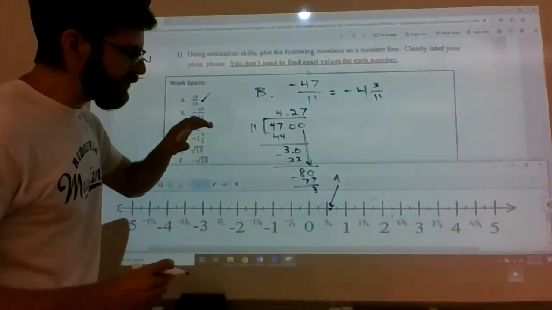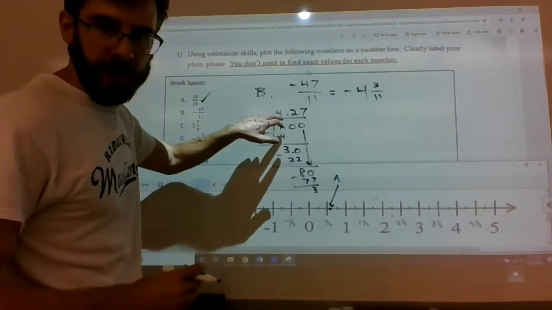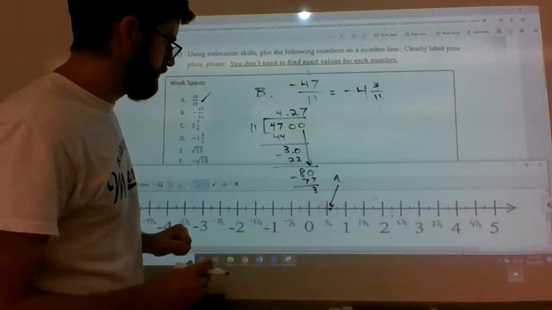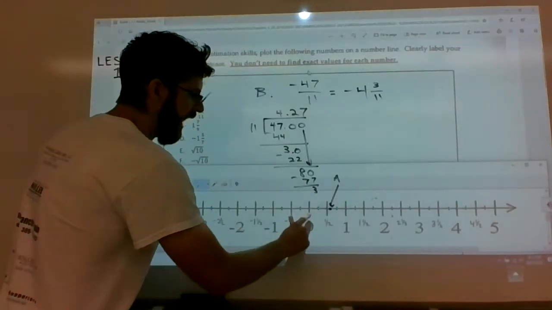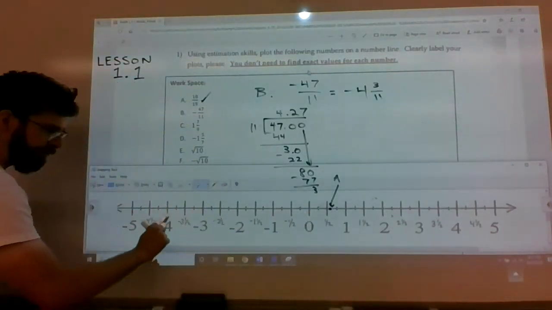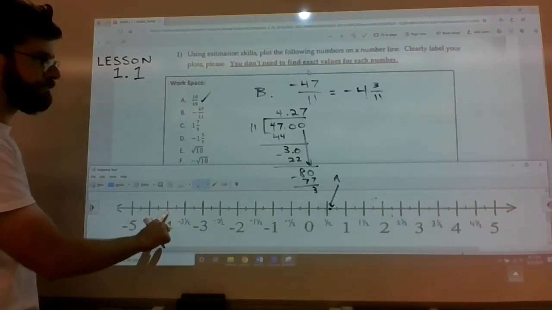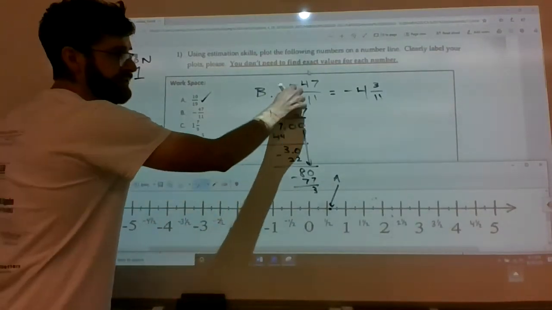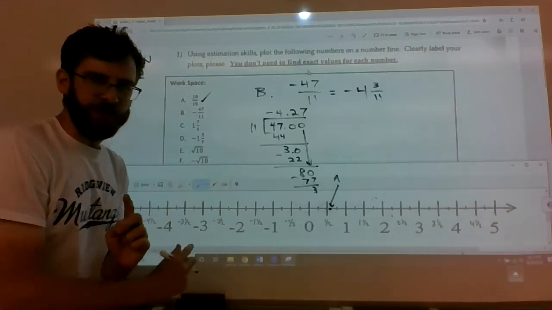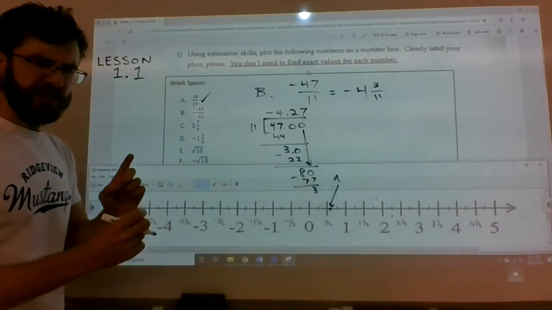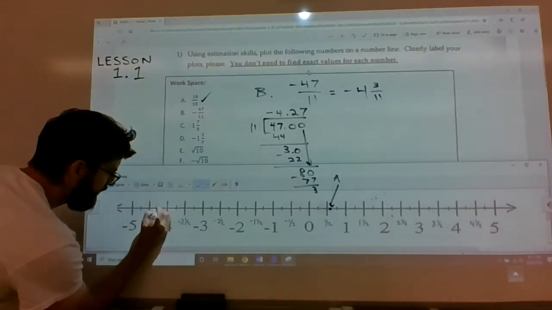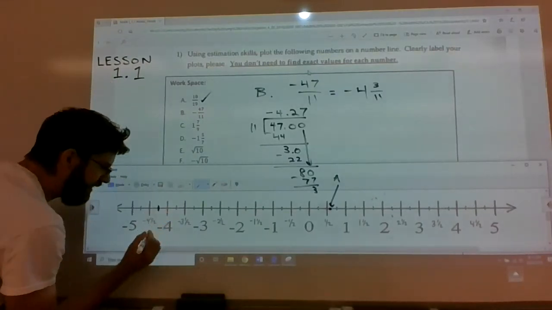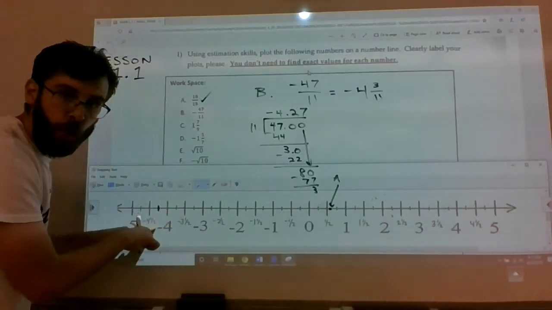What's a really close number that compares to 4.27? 4.25, right? So then I'm going to go all the way to negative 4 on this number line, because remember, it was negative to begin with. And now I have to ask myself, does 0.27 in the left direction... So right here is negative 4 1/4.